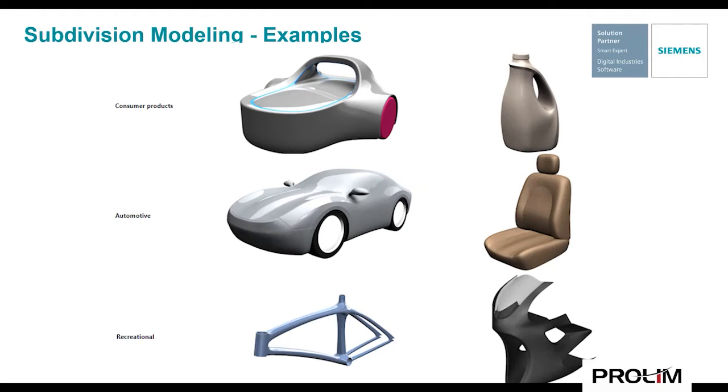You could use subdivision modeling to create products requiring organic, aesthetically pleasing, or even complex shapes. Here are a few examples from consumer, automotive, and recreational design spaces where subdivision modeling might be used. You can use this to create tools to modify solid or sheet bodies created with the more traditional modeling methods.